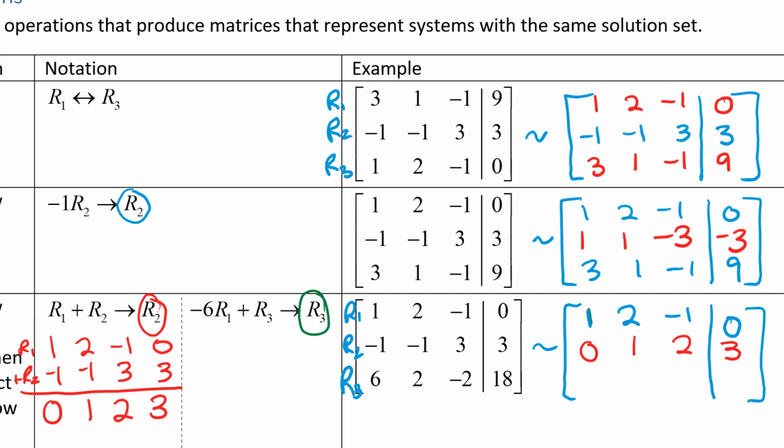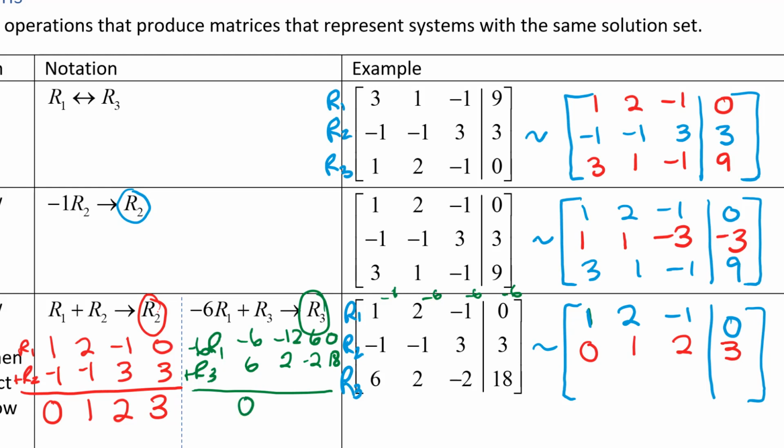So on the next one in green, I'm going to take negative 6 times row 1 and add row 3 to it. So negative 6 times 1 is negative 6. I'm just multiplying negative 6 to every single number in the first row. So negative 6, negative 12. Negative times a negative is a positive 6, and then the last one, 0 times negative 6 is 0. Then I'm going to put row 3 right underneath, lining everything up nicely, and then I add down.